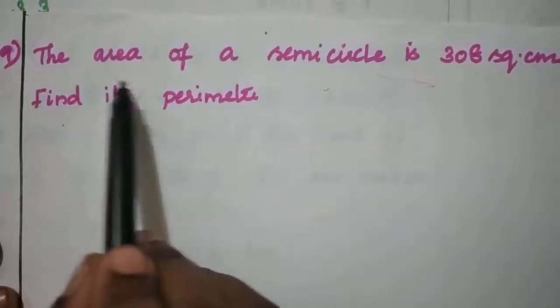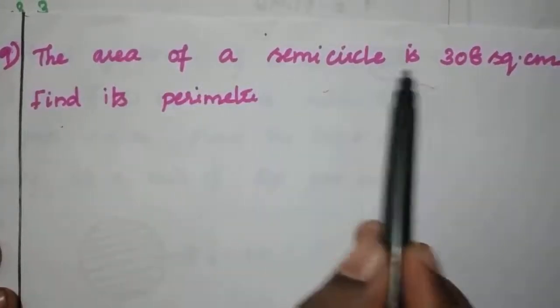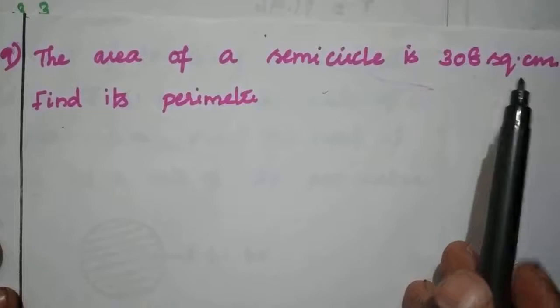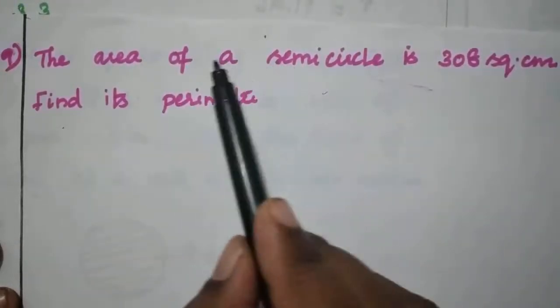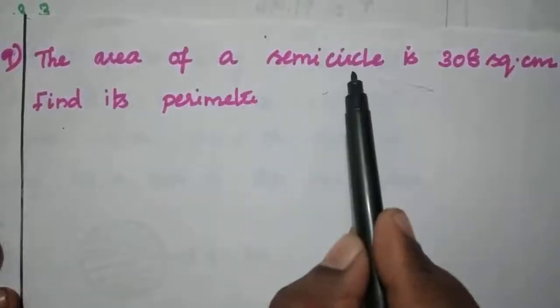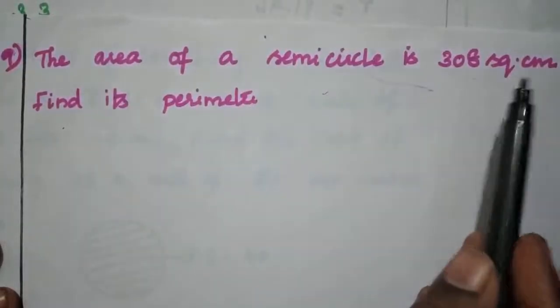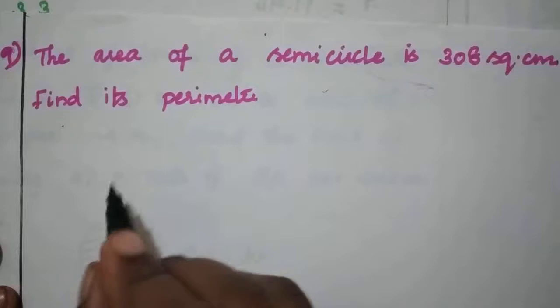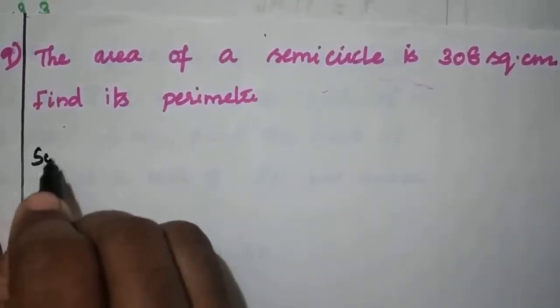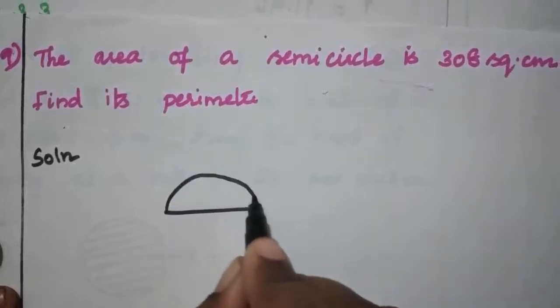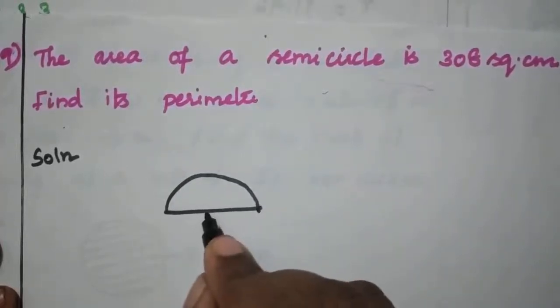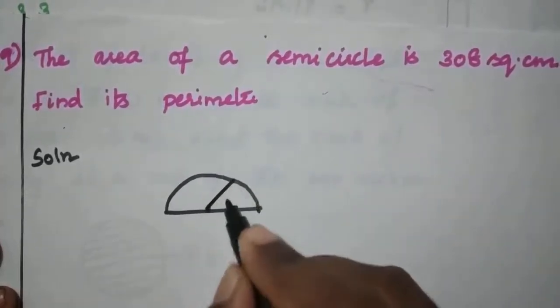Question number 9. The area of a semicircle is 308 square centimeter. Find its perimeter. So here the area of a semicircle is given as 308 centimeter square. This is a semicircle, this is the radius.